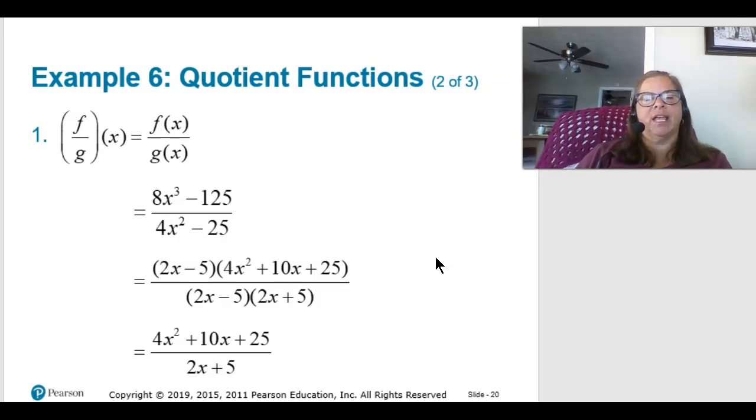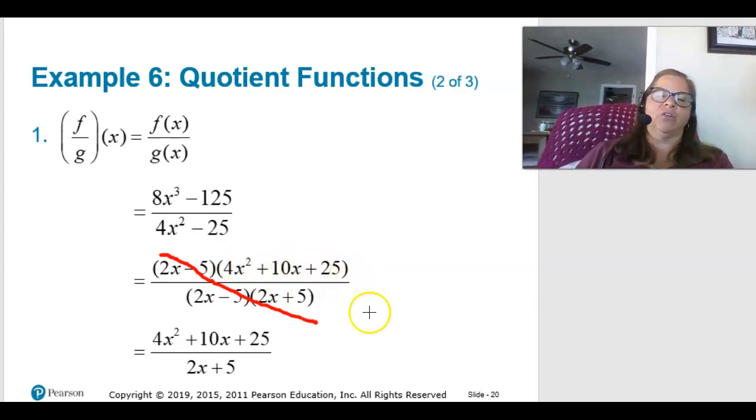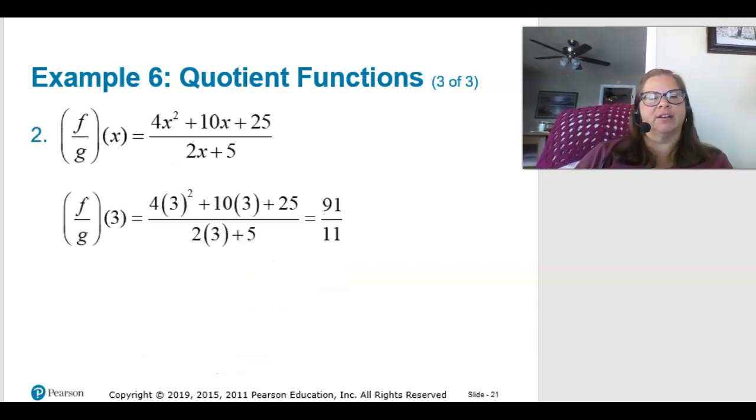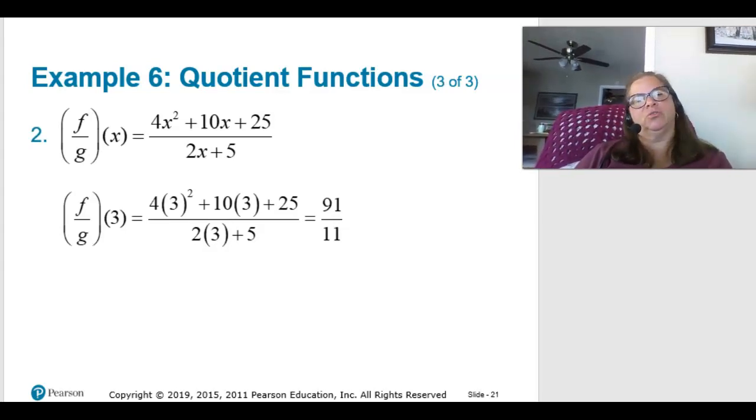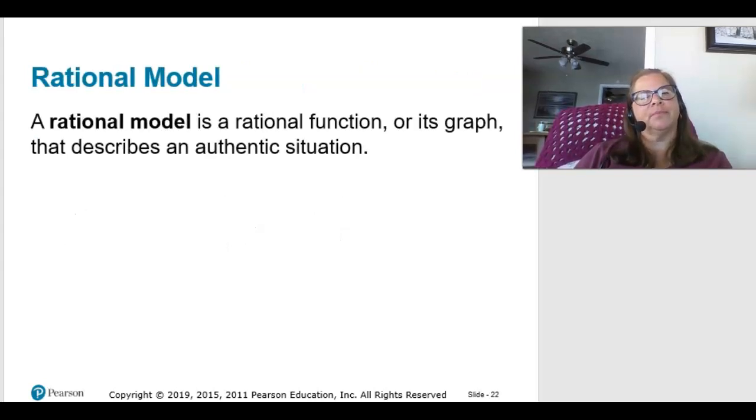That allows us to cancel the 2x minus 5's and leaving 4x squared plus 10x plus 25 over 2x plus 5. So our goal is always to see if we can find factors that cancel. Now we're going to evaluate this at 3. So every place that there's an x, you substitute 3, and you find that the answer is 91 over 11.